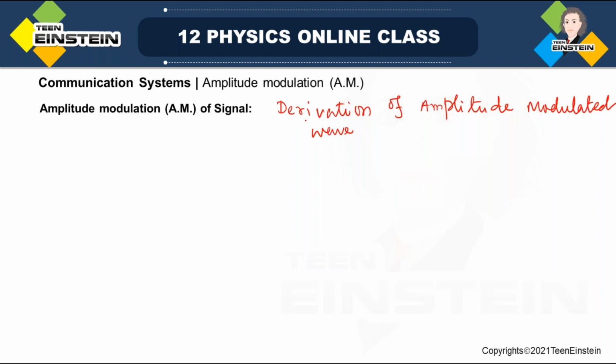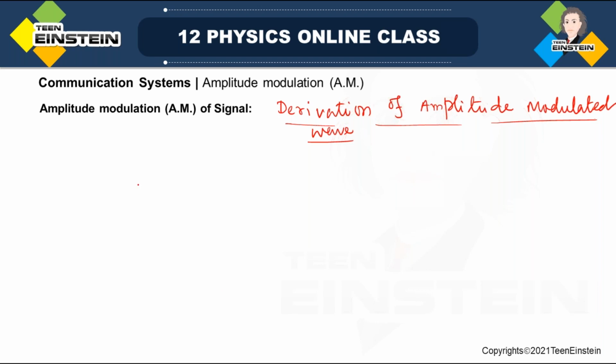That means we are going to derive the resultant of the amplitude modulated wave.